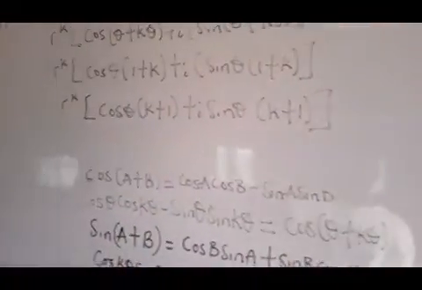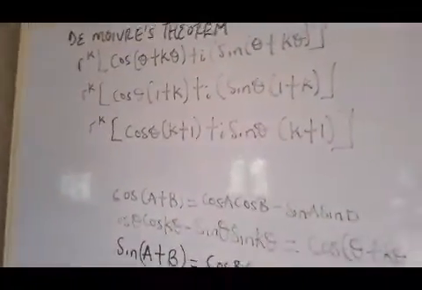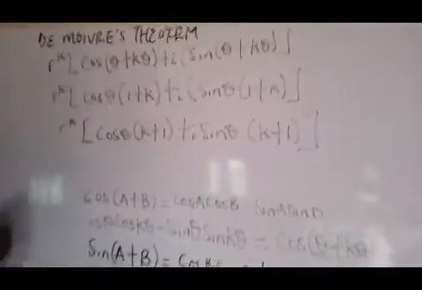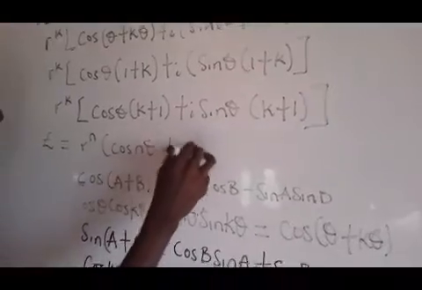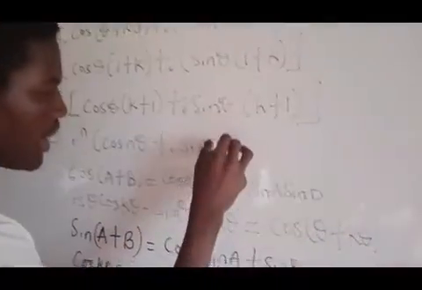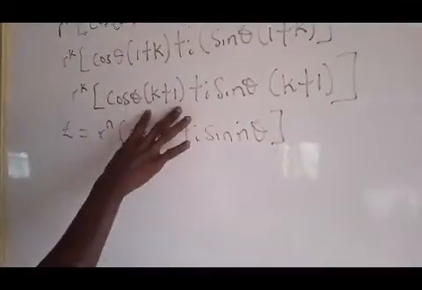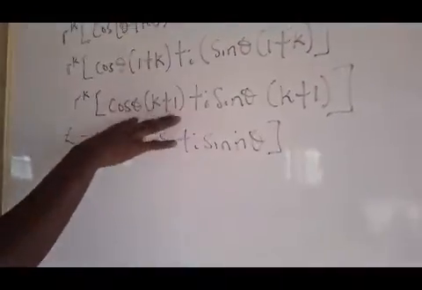And now you can see that this is what I will have normally if I put z equals r raised power n open bracket cos n theta plus I sin n theta that we have before. You can see that when our n is equal to k plus 1, this is what I will have. So I've been able to prove this.